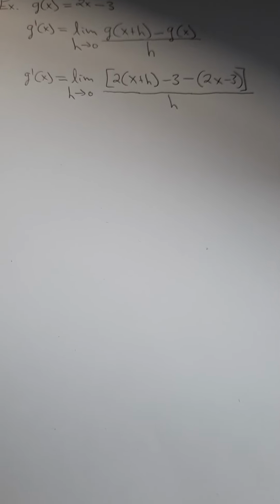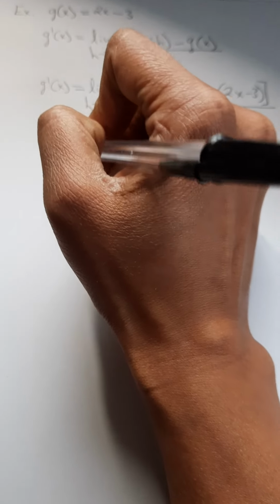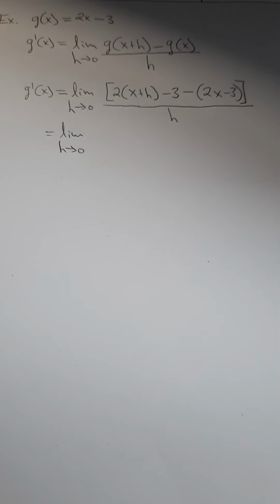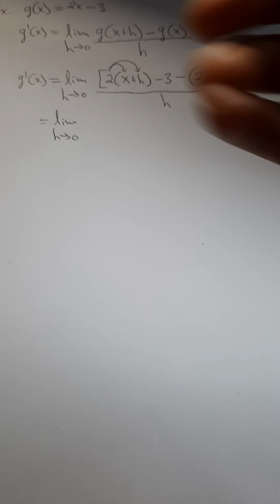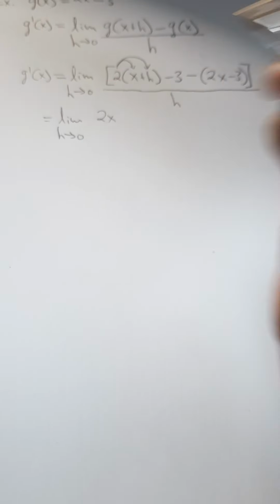Also remember that you do have to write the limit as h approaches 0 all the way down, until you actually are taking the h value and substituting 0. So what we're going to do is open up the brackets here. So we're doing 2 times x. Let's just keep it out. So 2x.